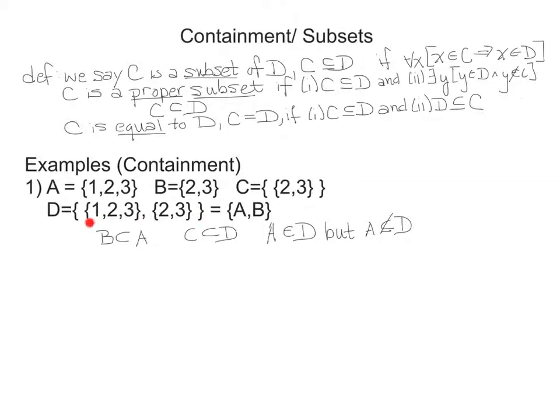D does not contain single elements, it only contains sets. So in particular, A has the elements 1, 2, and 3, and none of those are in D.